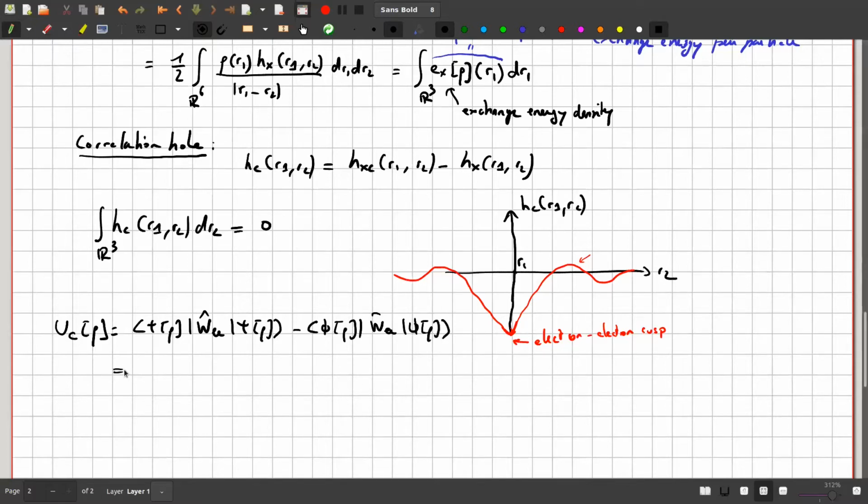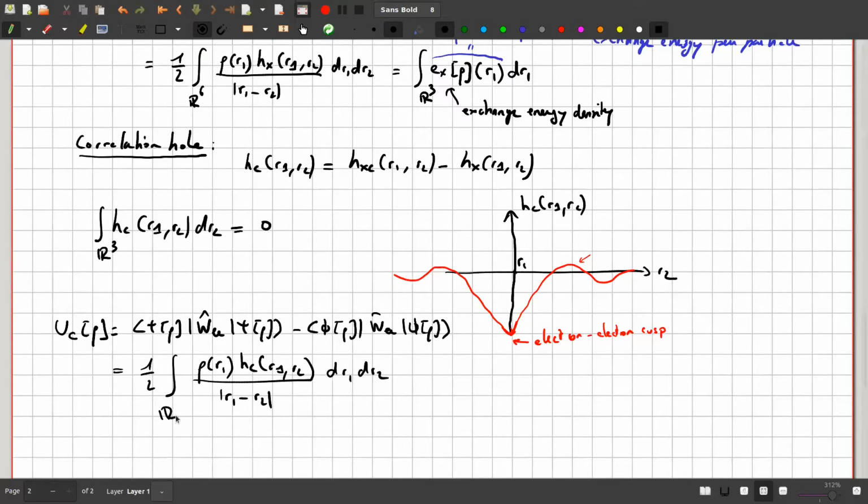Okay, and if you plug in the definition of the pair density and the correlation part, you will realize that this can be written as 1/2 integral of rho of r1 times the correlation hole rho_C(r1, r2) times the Coulombic interaction, and you integrate in r1, r2.